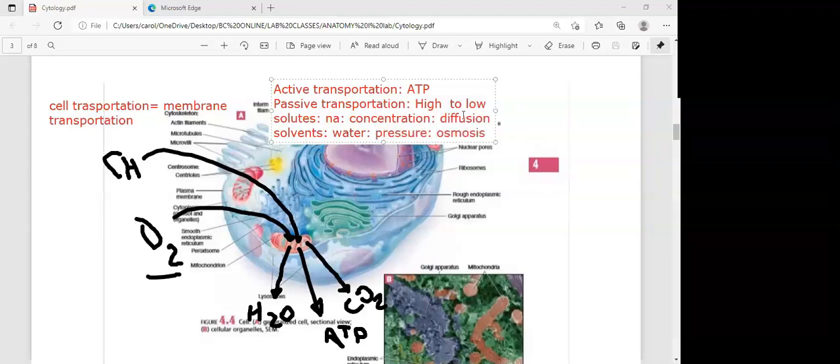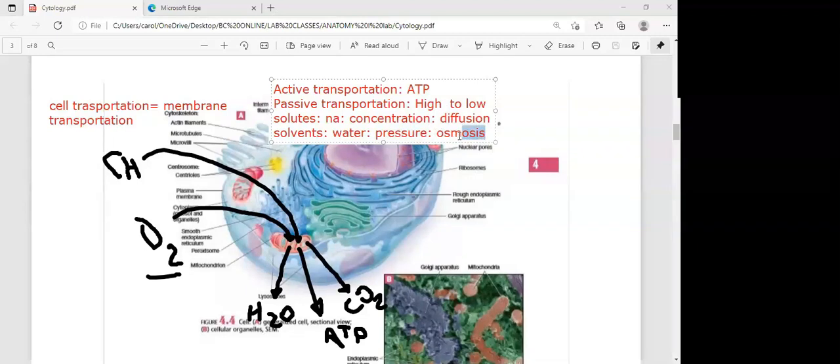So when we said high to low, high to low what? High to low concentration, if we talk about solutes such as sodium. Or high to low pressure, and we are talking about water in the case of solvents. An example of high to low concentration is diffusion. An example of high to low pressure is osmosis.